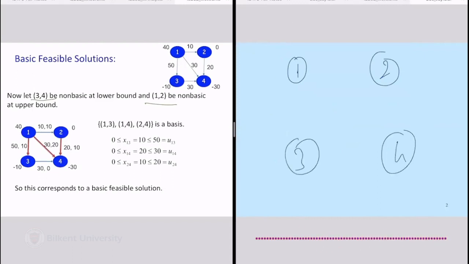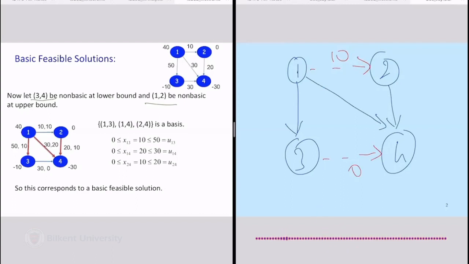This is my graph, right? 3,4 will be non-basic at the lower bound, so it's going to have 0 flow. And 1,2 will be non-basic at the upper bound, which is 10. That means my remaining arcs will be basic, but I don't know their flows yet. I have to find them and see if they are feasible or not, all right? Non-basic arcs, I'm picking. The basic arcs I have to find by the flow balance constraint.